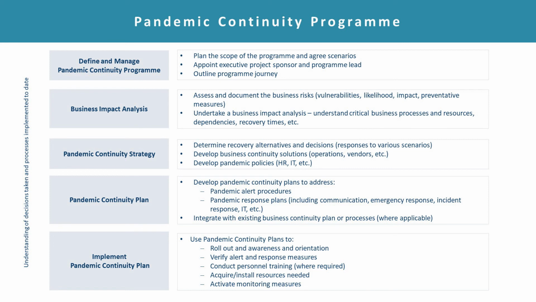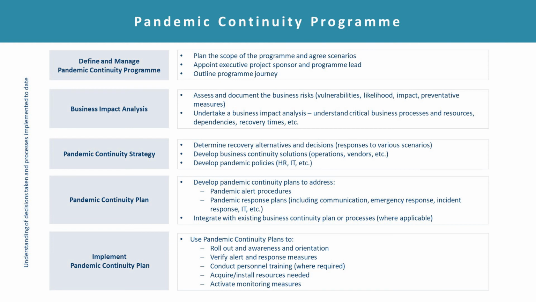Looking at pandemic response plans, how the communication will happen, emergency response teams will be called upon, how incident response is going to work, how IT is going to be engaged. And most importantly in this phase is to integrate the existing business continuity plans or the processes that may already exist within the organization.